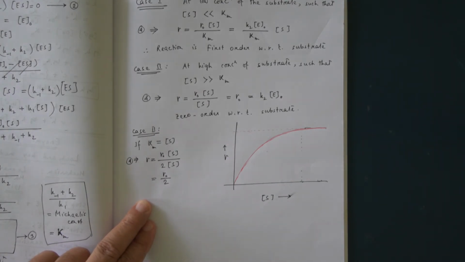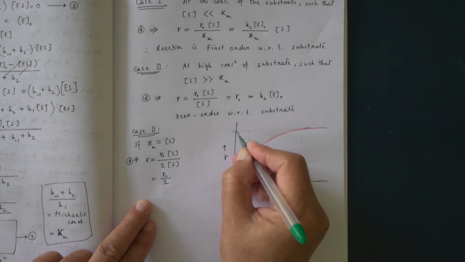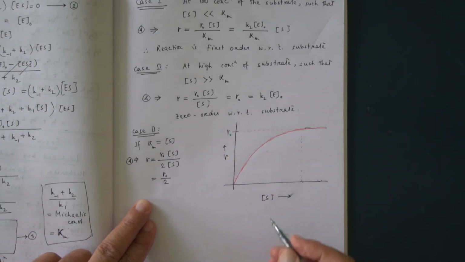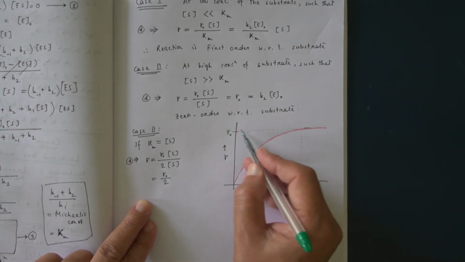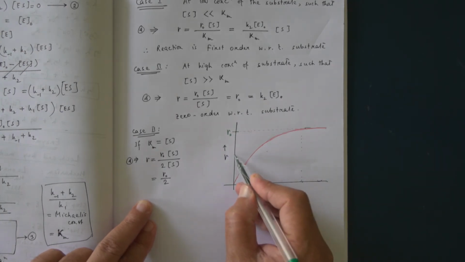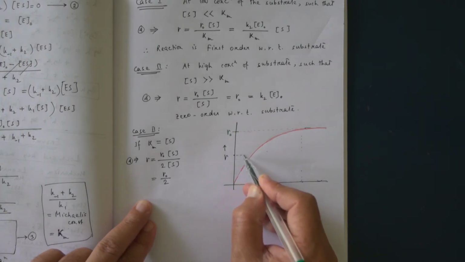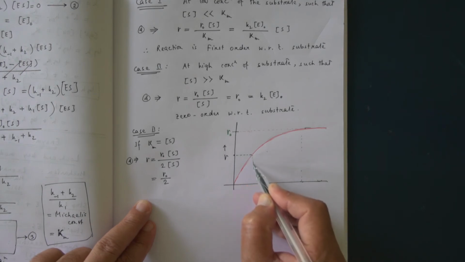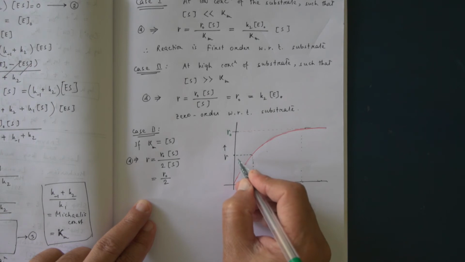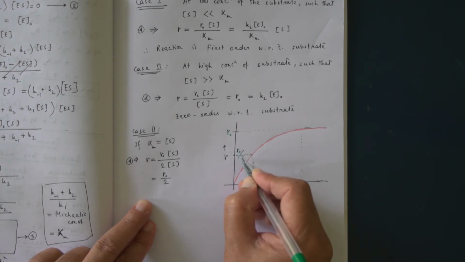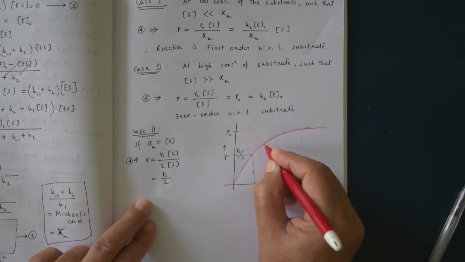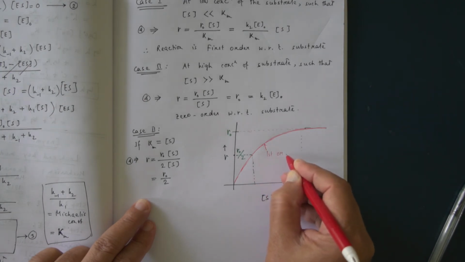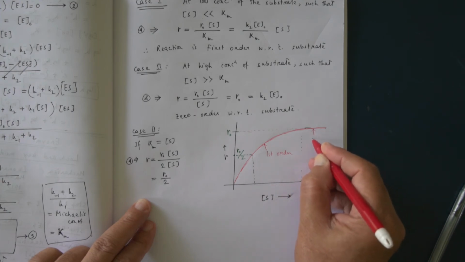And this is R naught, the maximum rate. R naught by 2 means this. This part is first order reaction, and this is zero order reaction.